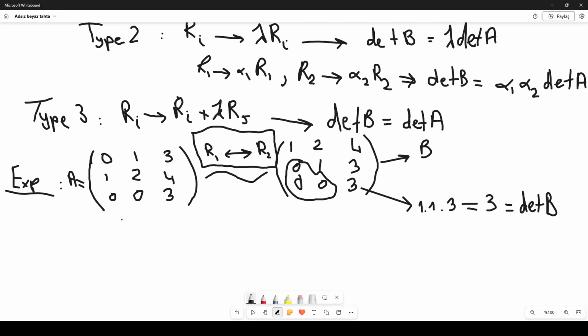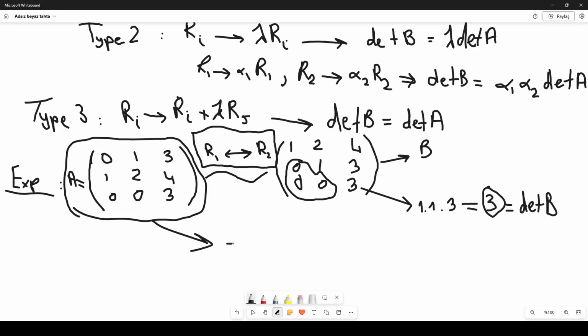So the determinant of our original matrix, the determinant of A, is found by multiplying the determinant of B by -1. So -1 times 3 is equal to -3. So it is as simple as that.